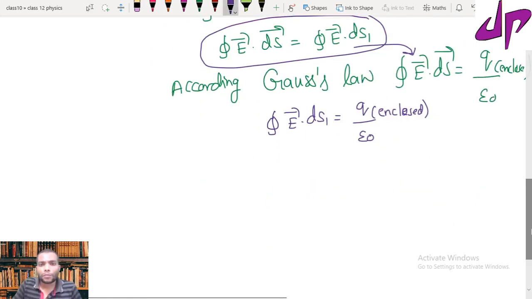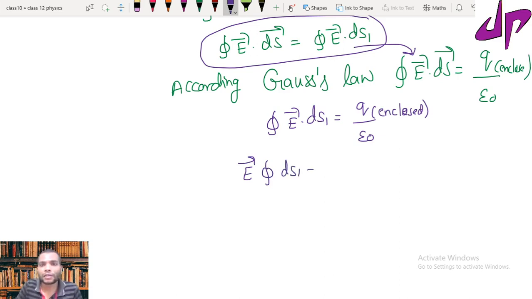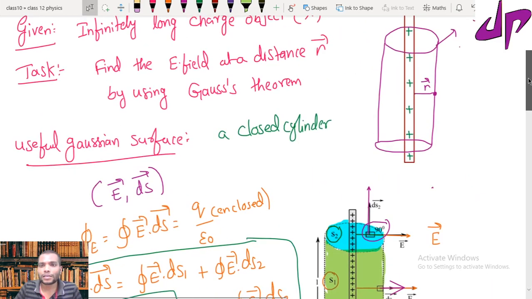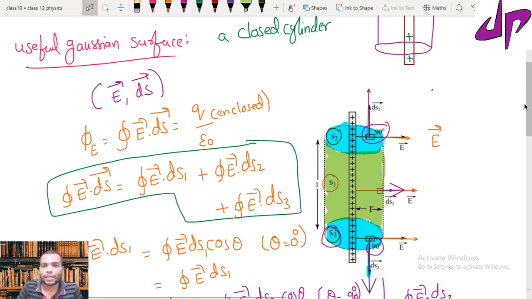Now I can pull E bar outside the integration because the electric field is symmetric. We need not do any integration. E bar times the closed integral of ds1 equals the charge enclosed upon epsilon naught. Now the formula for a curved surface area is 2 pi r L, where L is the length of the cylindrical surface.